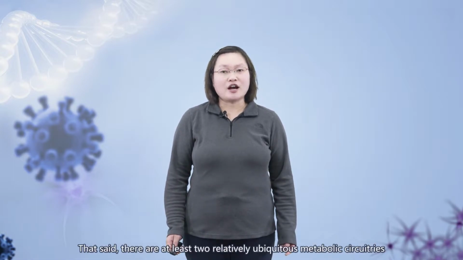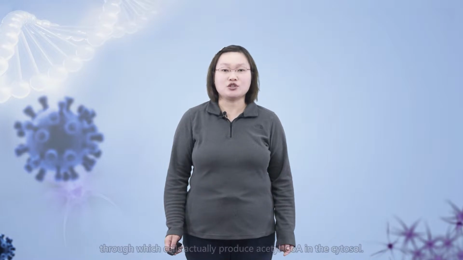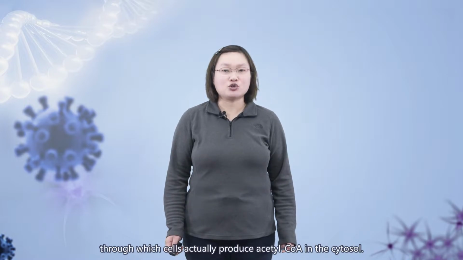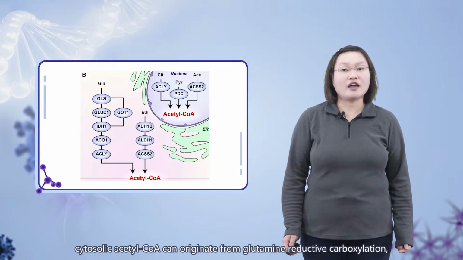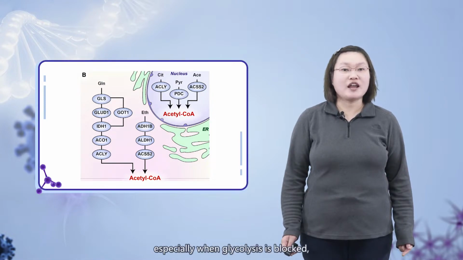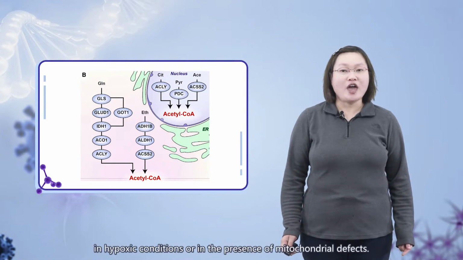That said, there are at least two relatively ubiquitous metabolic circuitries through which cells produce acetyl CoA in the cytosol. First, cytosolic acetyl CoA can originate from glutamine reductive carboxylation, especially when glycolysis is blocked, in hypoxic conditions or in the presence of mitochondrial defects.